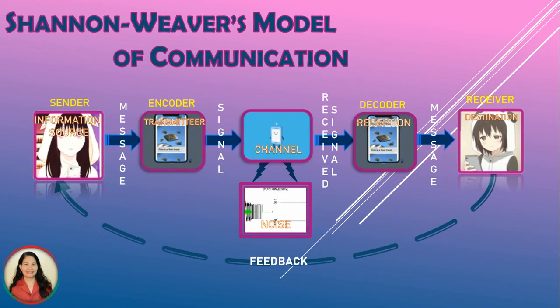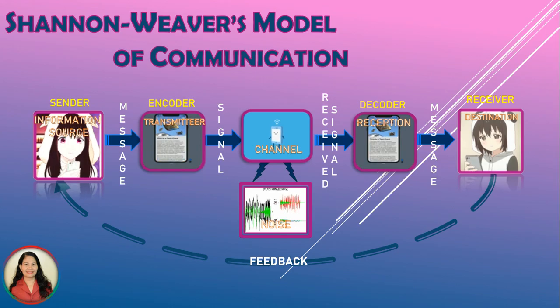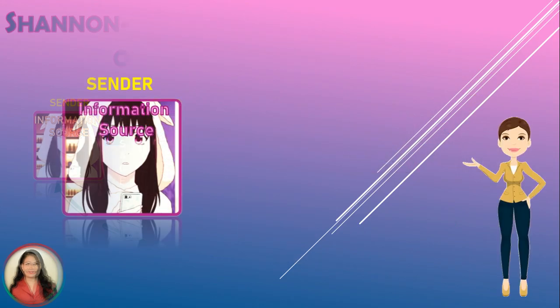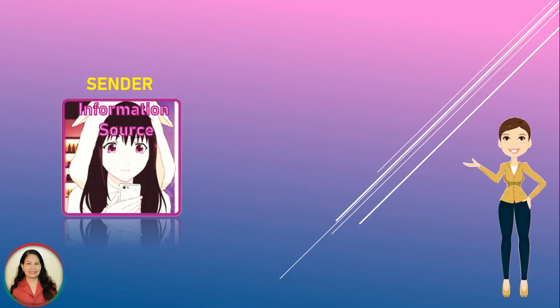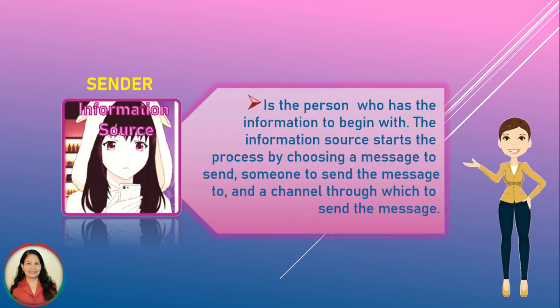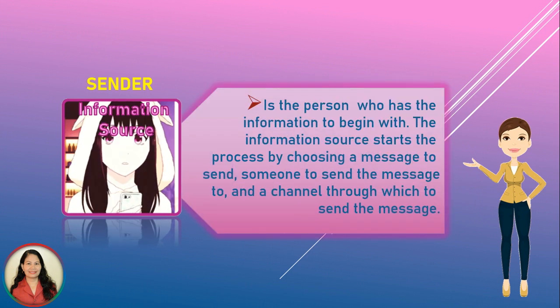The Shannon-Weaver model of communication follows the concept of communication in a linear fashion, from sender to receiver, with the following steps. The model starts with the sender or information source, which refers to the person who has the information to begin with.